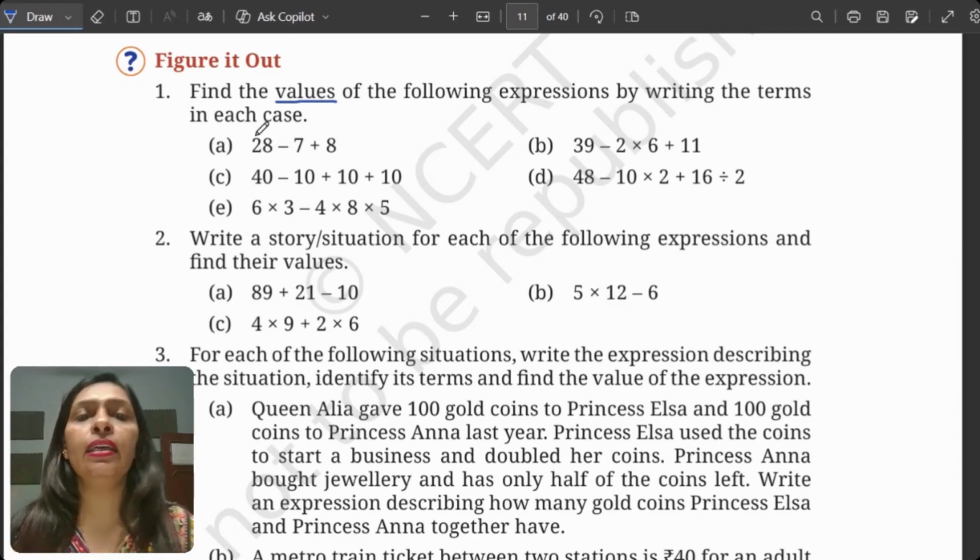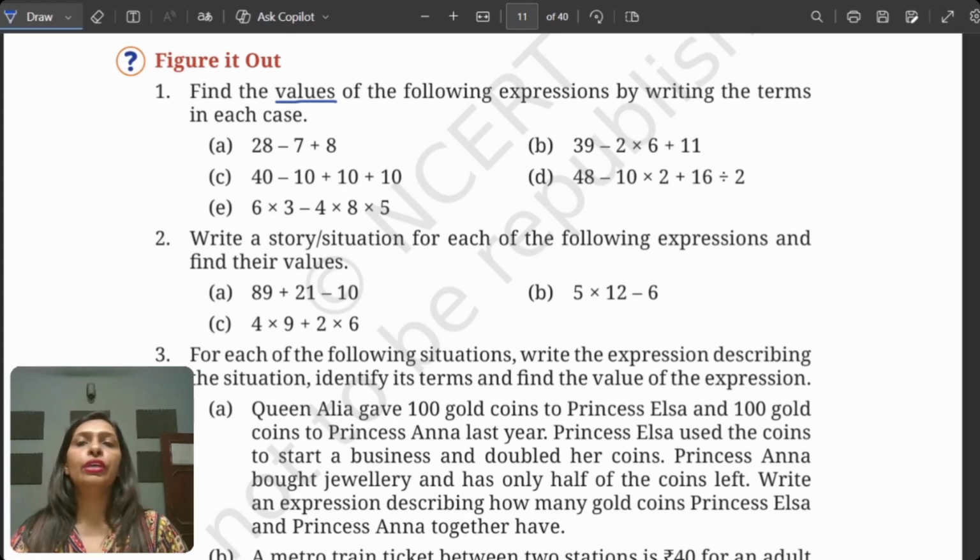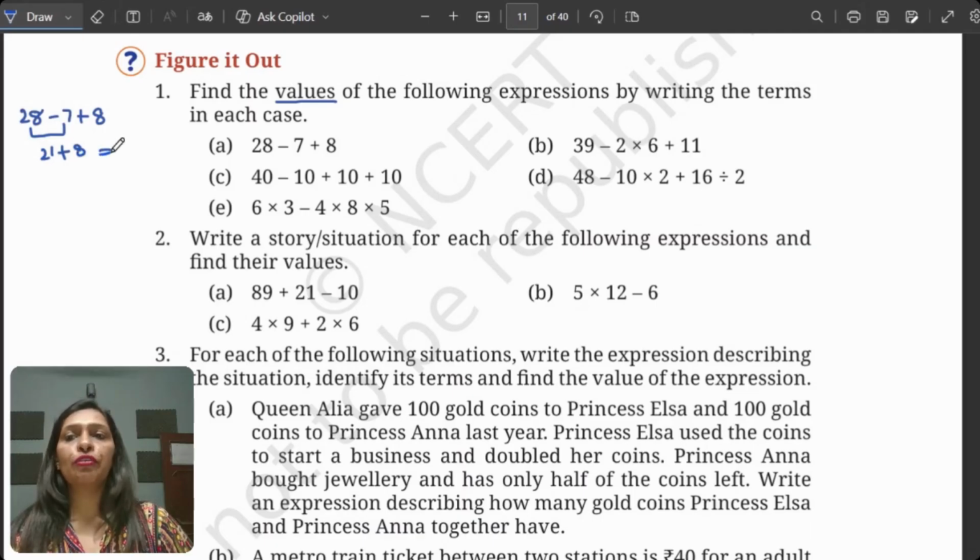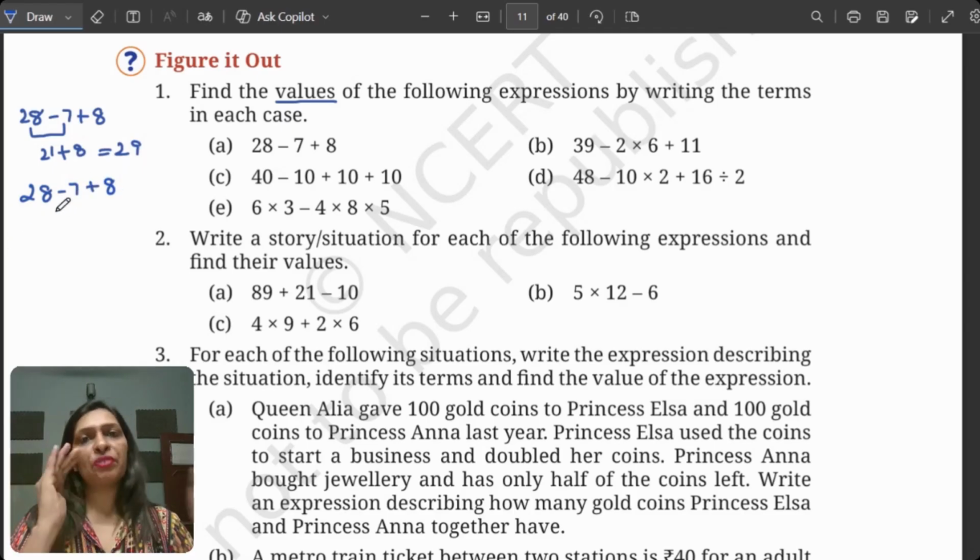Now when I'm solving the terms, we can work in various ways. It is 28 minus 7 plus 8. So either we can simply go step by step, like 28 minus 7, that is 21, plus 8, which is going to give me 29. All right, or somebody can do it like this also: 28 minus 7 plus 8. We can bring all the same-sign terms together, that means bring all the positive terms to one side and keep the negative terms on the other.